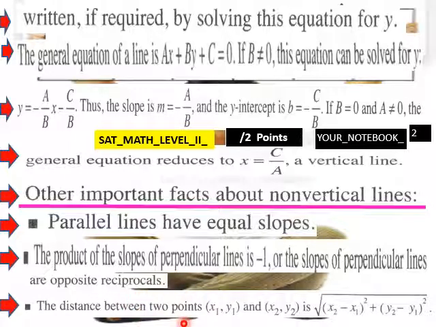The distance between 2 points (x1, y1) and (x2, y2) is found by taking the square root of (x2 minus x1) squared plus (y2 minus y1) squared. That is our distance formula.